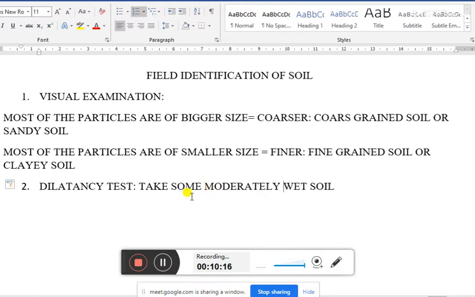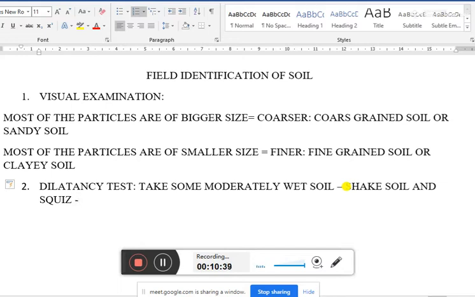You have to take some moderately wet soil, then you have to shake and squeeze the soil on your palm.